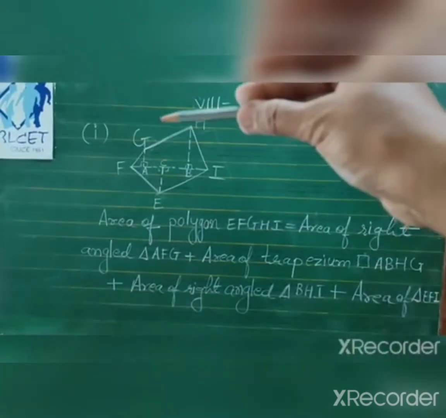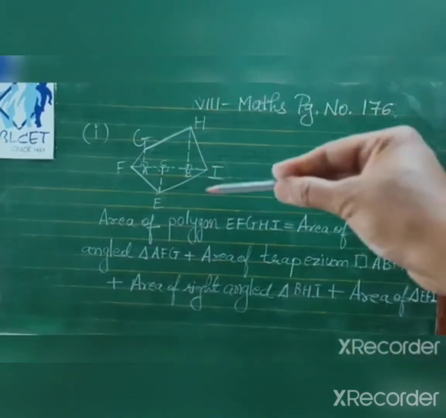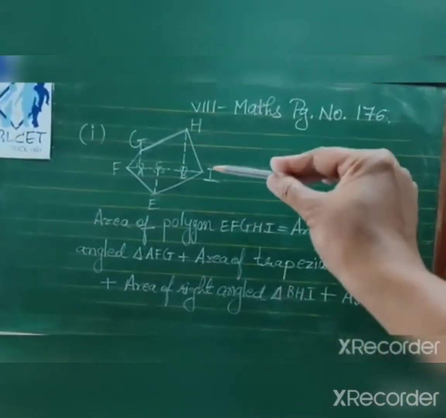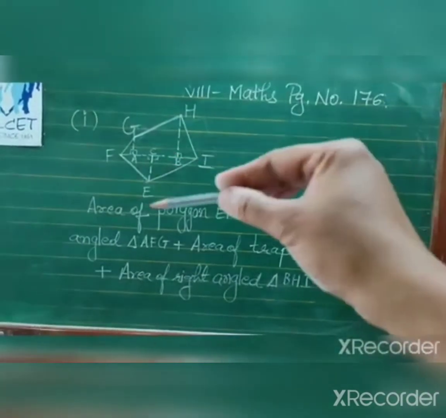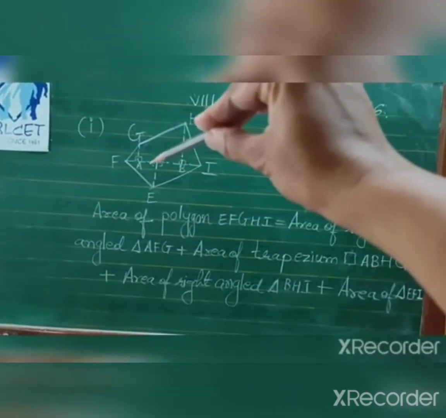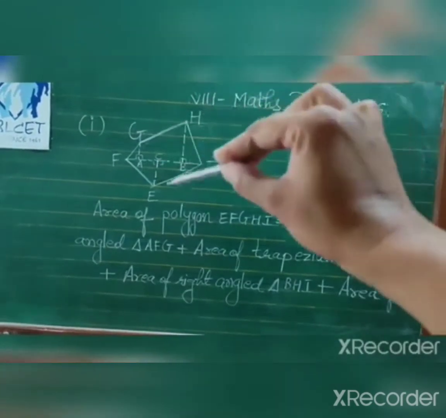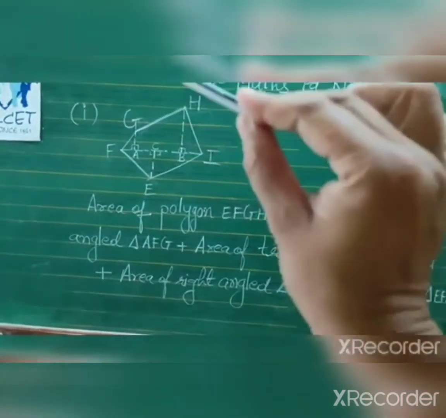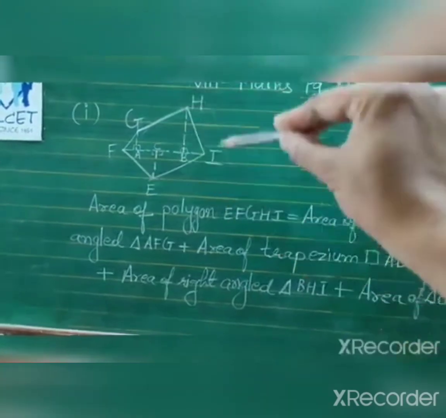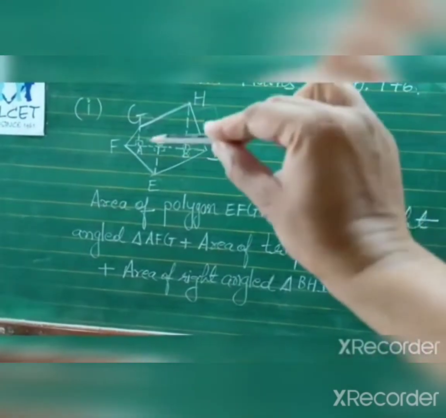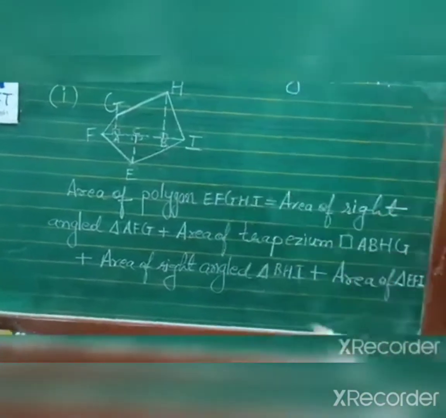So I have drawn perpendiculars from G to A, H to B, E to C. Now you can see different shapes: triangle, trapezium, triangle, triangle. So the area of polygon EFGHI is the area of right angle triangle AFG plus area of trapezium GABH, area of right angle triangle HBI, and area of triangle FEI. You can see.